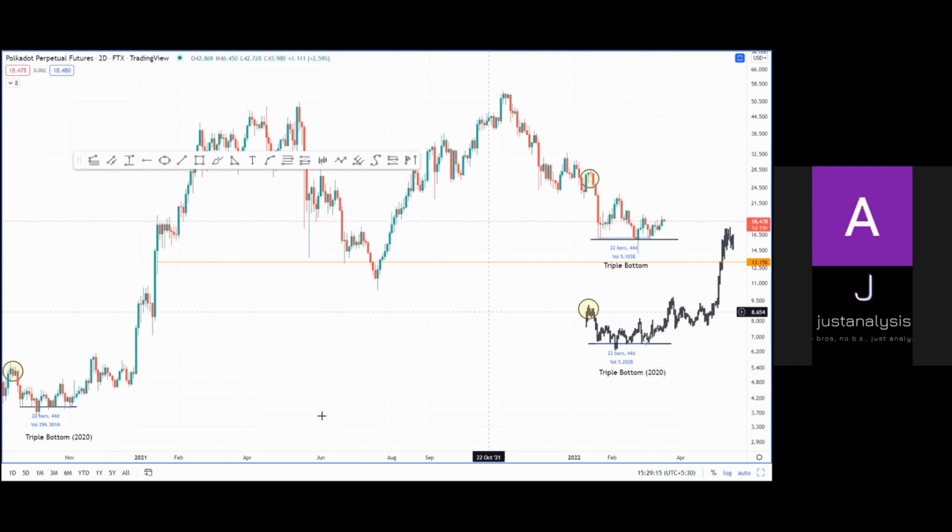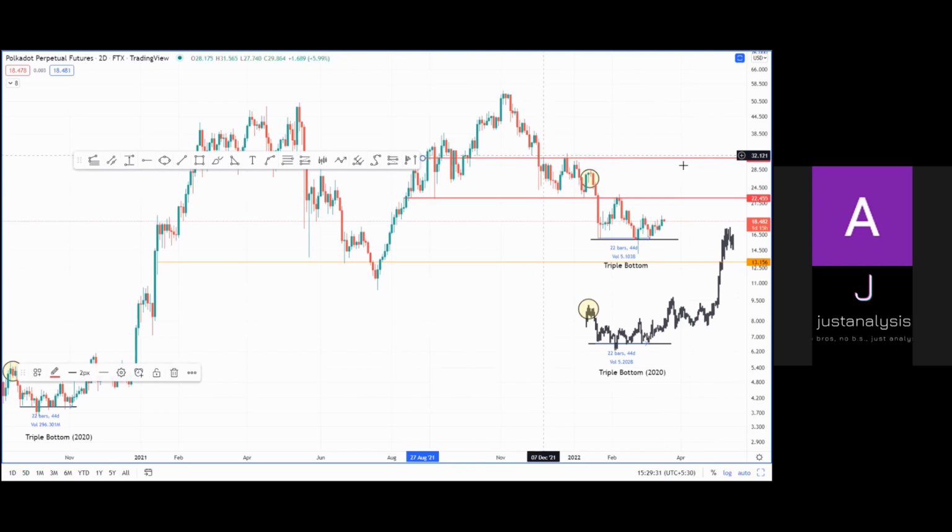But what's interesting is that the price needs to flip this resistance level here, at approximately 22.5. Once we flip this level, I believe there's a good chance we could kickstart this run up to 32, 31. So this is what I'm looking at for Polkadot from a long-term perspective.